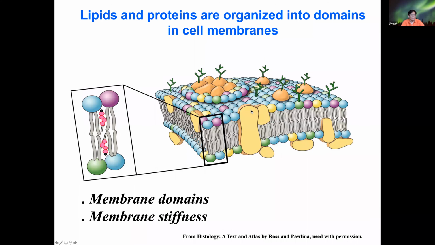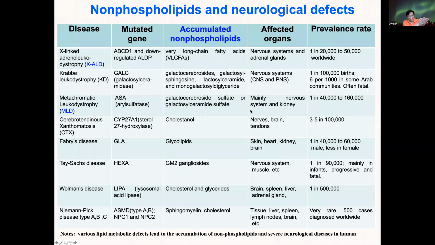For this, we are currently working with knockout mice or knock-in mice, which can change the cholesterol content in the cell membrane. But if we generally look at genetic mutants in human patients, what we find is that so far almost all the lipid metabolic defects in human patients affect the cellular content of non-phospholipids.